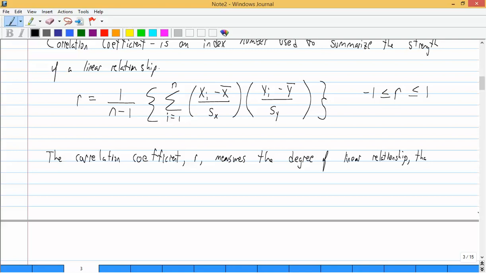That is, how well the data cluster around a line.